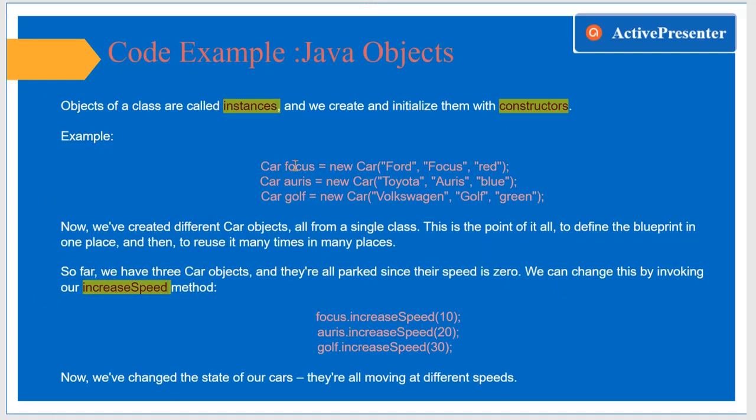For this car object, call it using focus dot increase speed, passing the value 10. For Aris, call it by Aris dot increase speed, passing 20, and golf dot increase speed 30. Now we have changed the state of our cars and they are moving at different speeds.